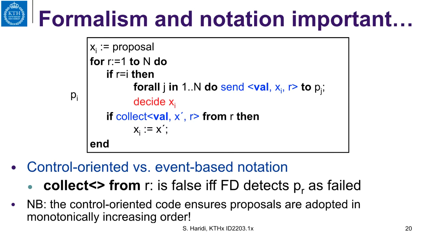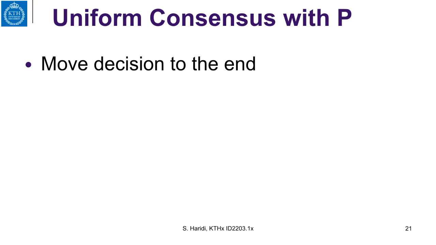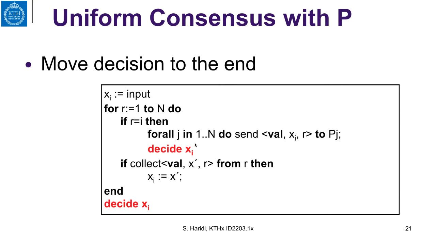Given this, if we just move the decision from here to this point, which would mean we are going to take a decision at the last round for all processes, then we get a uniform consensus algorithm.